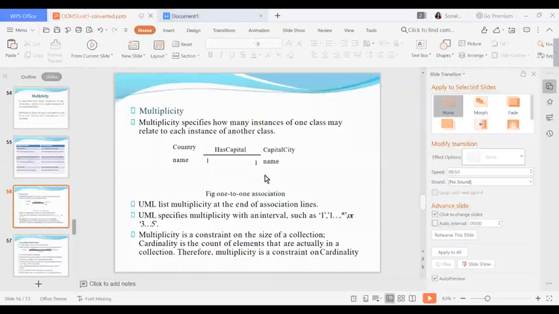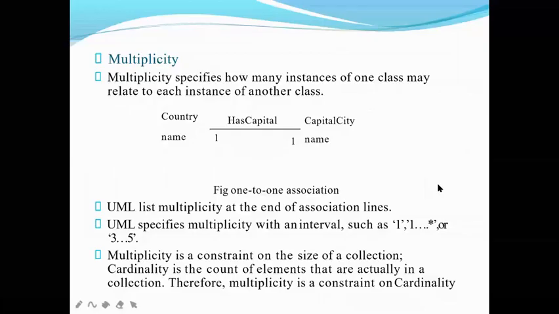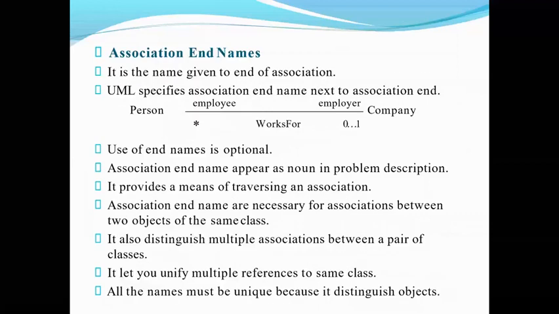So let's go back to the slides. The same thing has been written over here. This is one example. Next, I am moving towards my next slide. Let's see how I am going to utilize the association end names. This is one more concept we have to utilize.